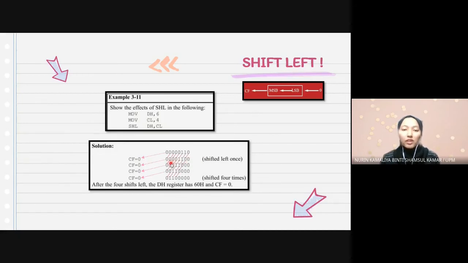You repeat the same way until you have shifted 4 times, where each time you insert 0 into the carry flag, shift to the left bit by bit, and insert 0 into the LSB. So after the 4 shifts left, the DH register has 60H and CF equals 0.